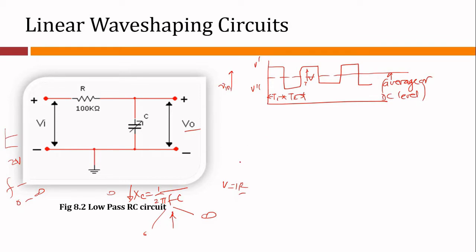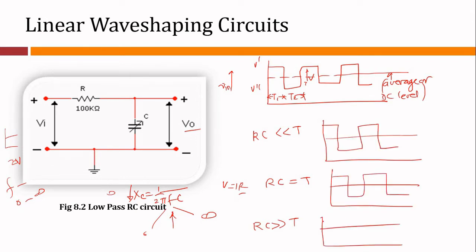Now there are three conditions here: RC very much less than T, RC equals T, and RC very much greater than T. We are trying to understand what the output waveform will be if we change the values of R and C. T is the time period of the input signal.